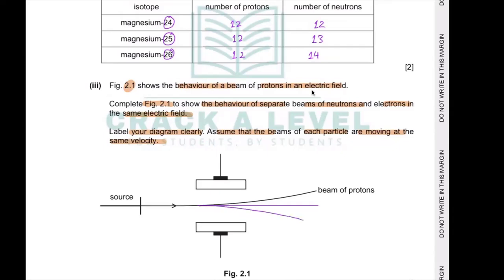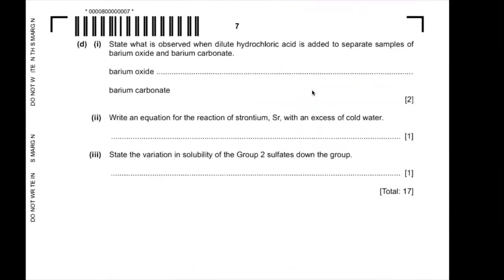So for the electron, we are going to show a bigger angle, bigger deviation. So I'm going to label it beam of neutrons, and over here, beam of electrons. I hope it's clear to all of you.